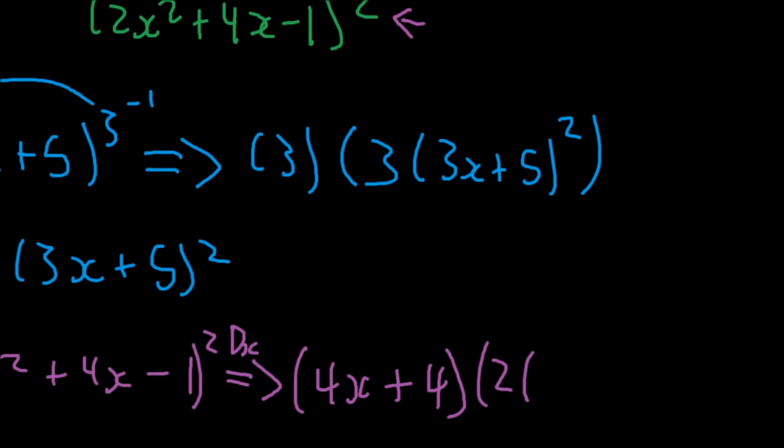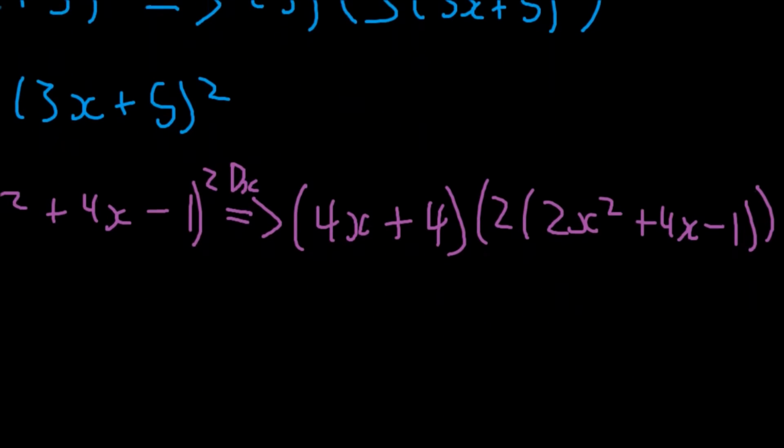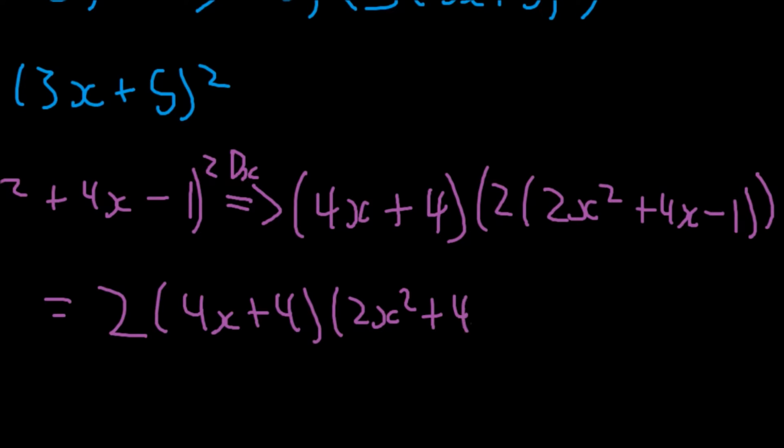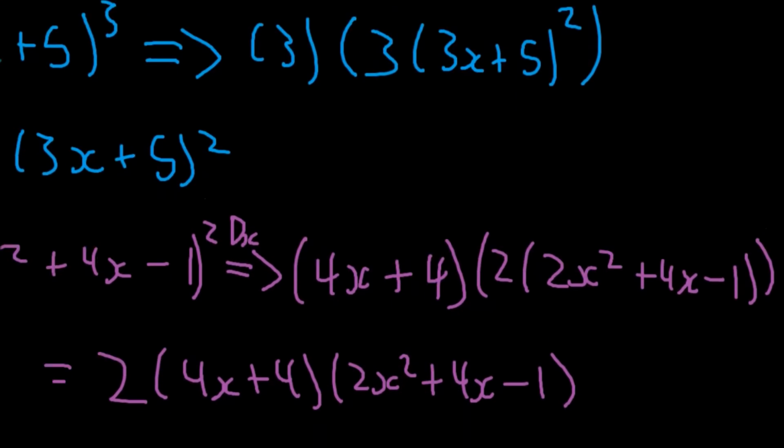And then we have to repeat the entire inside, 2x squared plus 4x minus 1, and 2 minus 1 is 1, so it's to the first power. And that'll handle that. For this one, we have 2 times (4x plus 4) times (2x squared plus 4x minus 1) going on.